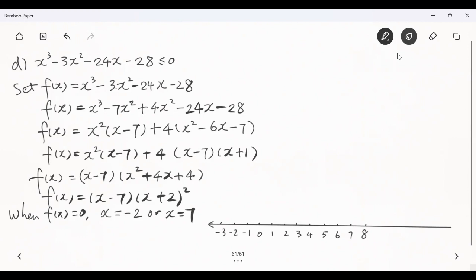And the left side is less than negative 2, and the right side is 7, right? Here, like that.